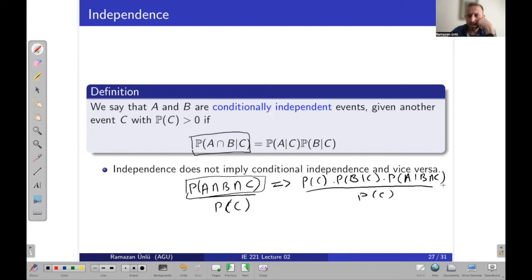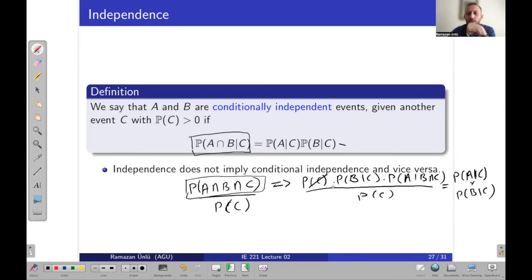And this is equal to the probability of A given C times the probability of B given C, right?